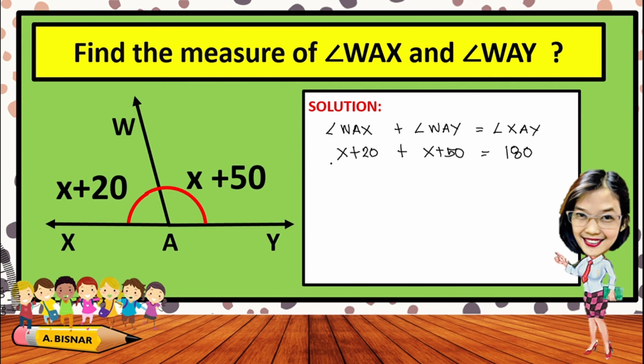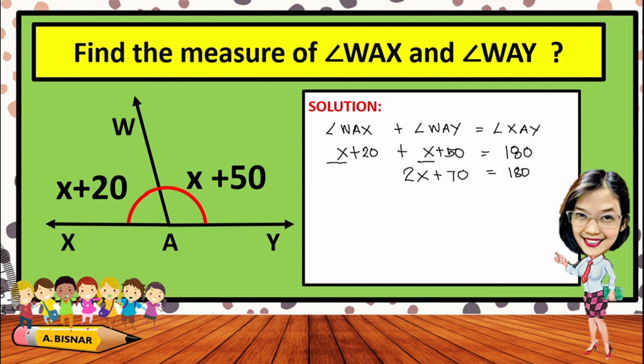Next is to combine similar terms. So you have here x plus x, which is equivalent to 2x. 20 plus 50, the answer is 70, and this will be equivalent to 180. Since you have here a constant, you have to remove it.